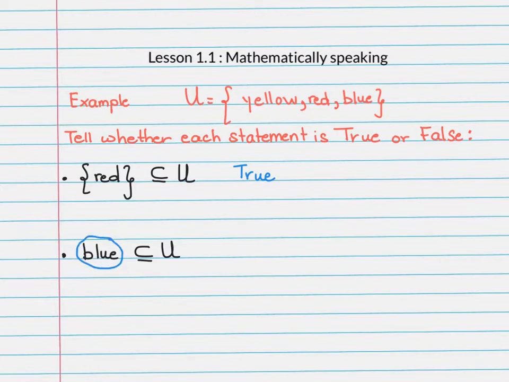Because I do not see the curly brackets surrounding the element. So directly, without going to condition number 2, I write false. Why false? Because blue is not a set. So we cannot use the symbol subset.